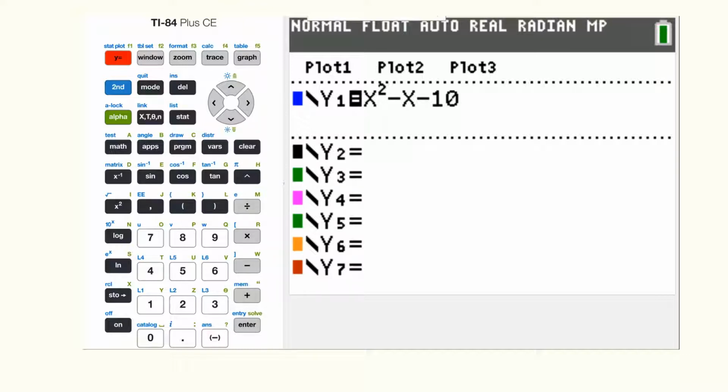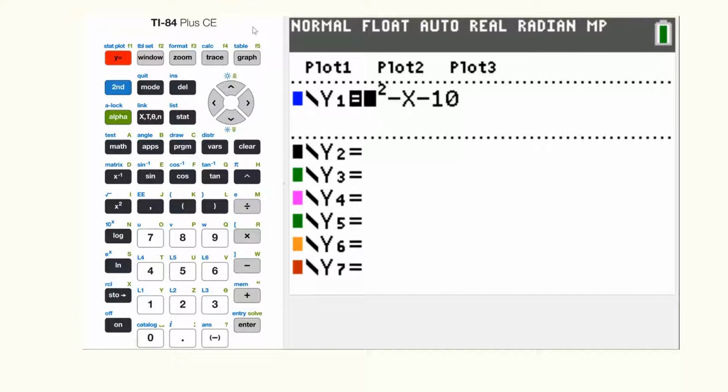We'll use terms like zeros and roots and where the graph crosses the x-axis. The x-axis is the horizontal axis, and we'll use roots and zeros interchangeably. All of that means: where is this graph crossing the x-axis?